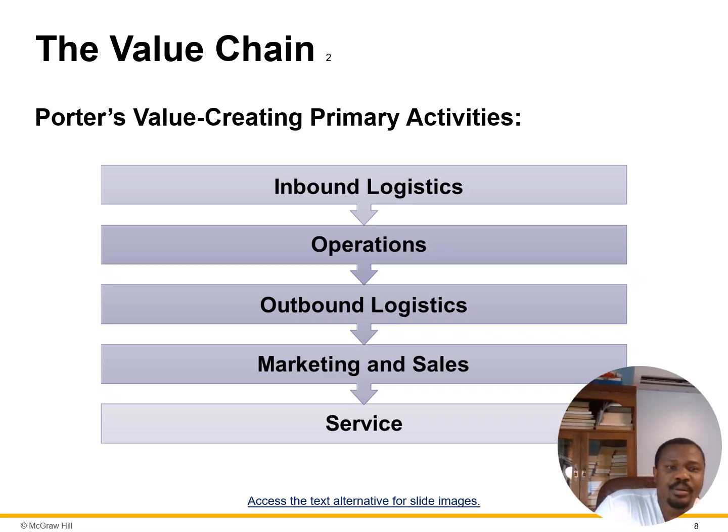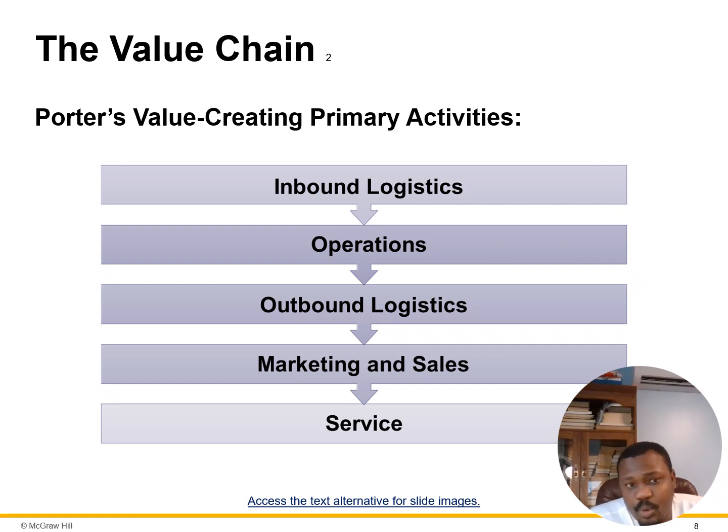So on the value chain by Porter, he thinks that the primary activities should be inbound logistics, operations, outbound logistics, marketing and sales, and service.